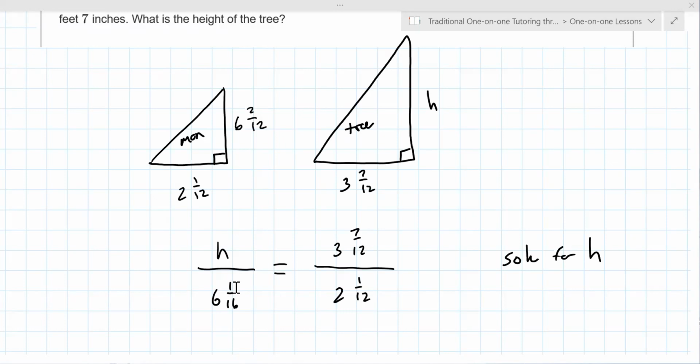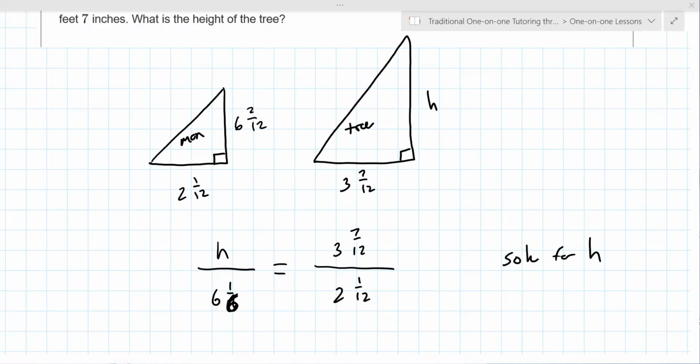This is 6 and this is 1/6, not 1/16. That will change everything a little bit. Times 3 plus 7/12 divided by 2. Yeah. Okay, we got it.